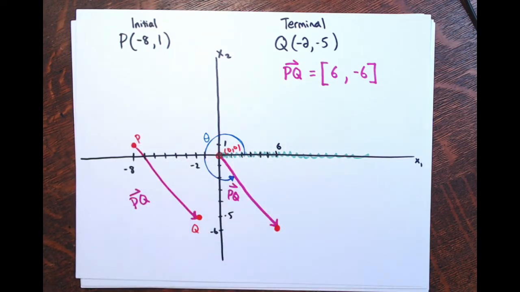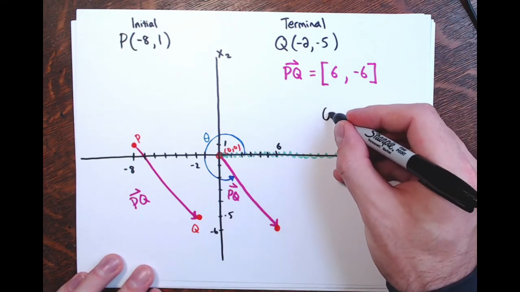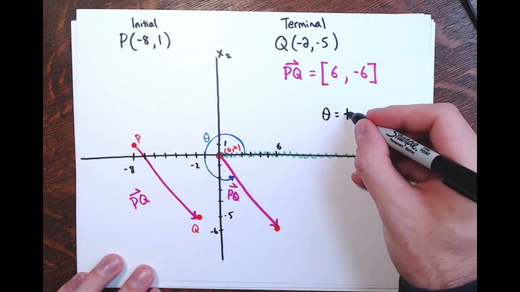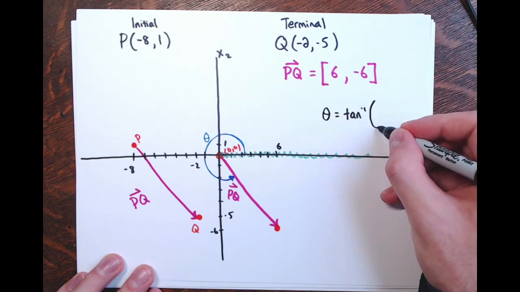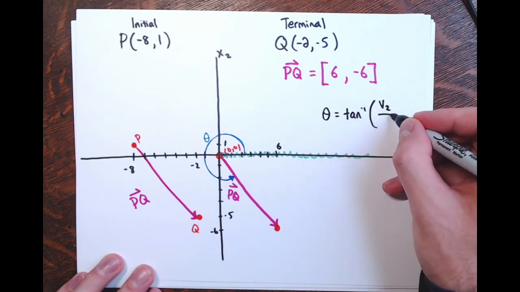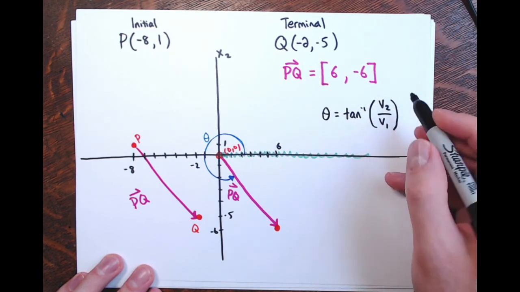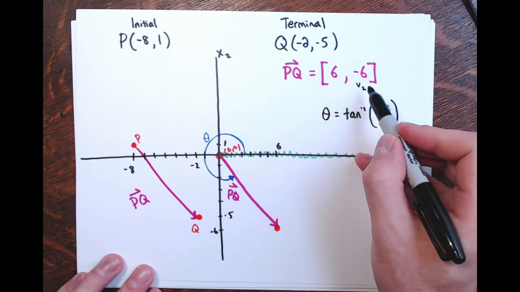What's the angle formed? Now, that formula they gave you, theta equals the inverse tangent of the second component divided by the first component. Well, the second component of this vector is negative 6.